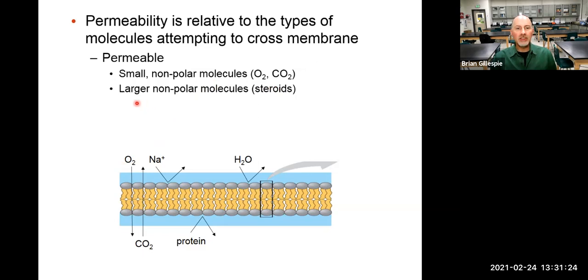You can also have slightly larger nonpolar molecules, like we showed you. Cholesterol molecules can actually be used to help shore up the structure of the phospholipid bilayer, but other similar molecules, other steroids, can actually very easily diffuse, because even though they might have a little bit of a repulsion from the hydrophilic heads, for the most part, lipids can mix in with other lipids.